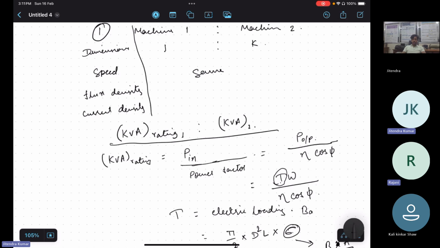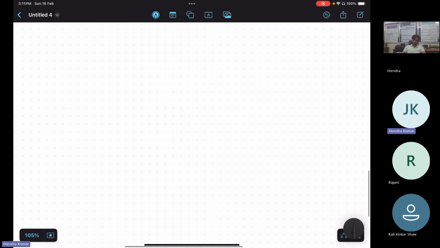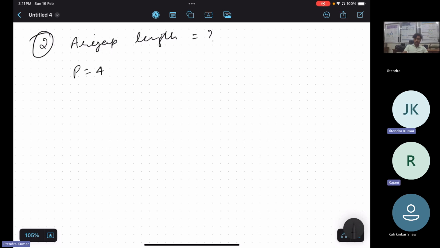So let's move on to the second problem. We have to find out the air gap length, and the machine parameters are: poles equal to 4, a three-phase induction motor with a pole pitch of 0.2 meter.